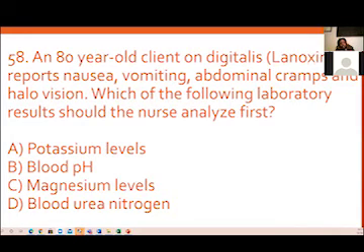So let's look at this question. An 80-year-old client on digitalis reports nausea, vomiting, abdominal cramps, and halo vision. Which of the following laboratory results should the nurse analyze first? Potassium level, blood pH, magnesium level, blood urea nitrogen.